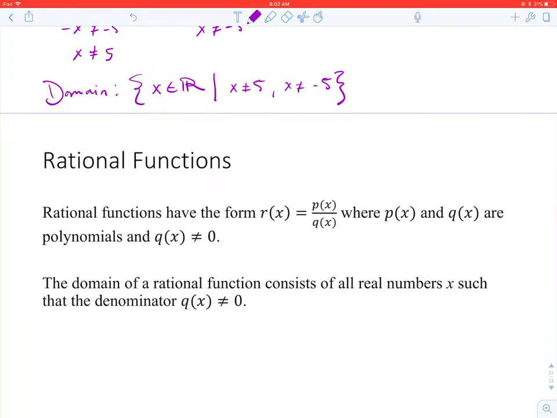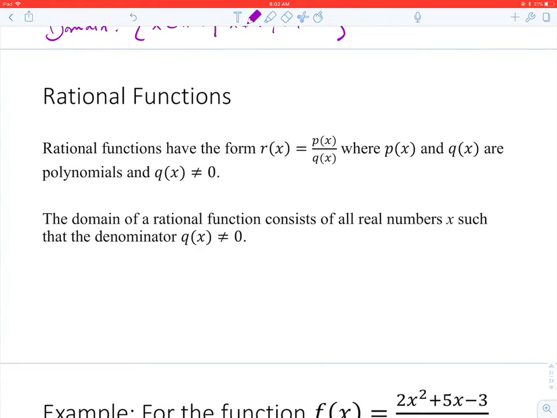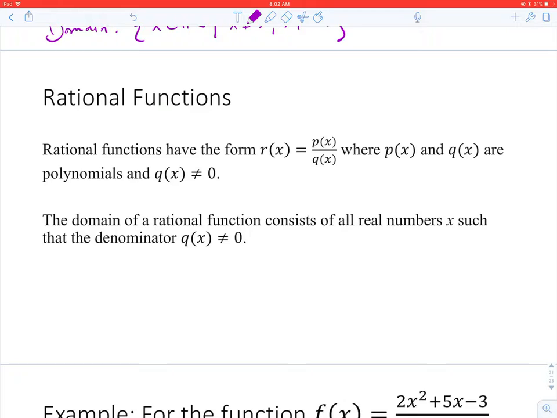Okay. So that was simplifying rational expressions, and we're going to still be simplifying in the same way, except we're going to be looking at rational functions. Just like we started factoring with quadratic expressions before we studied quadratic functions, and you could then represent quadratic functions in factored form.